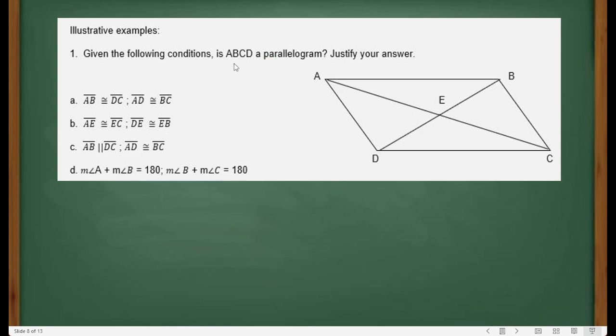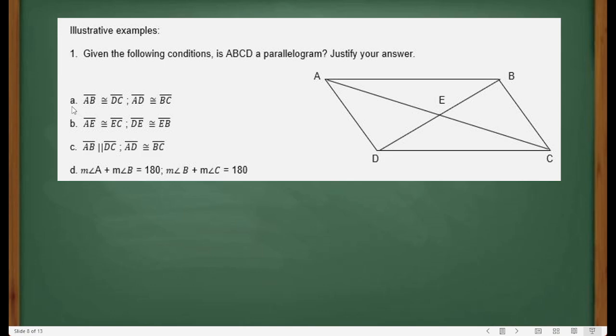Particularly this question, is quadrilateral ABCD a parallelogram? Whether your answer is yes or no, you justify your answer. Okay. So we have four items under number 1.